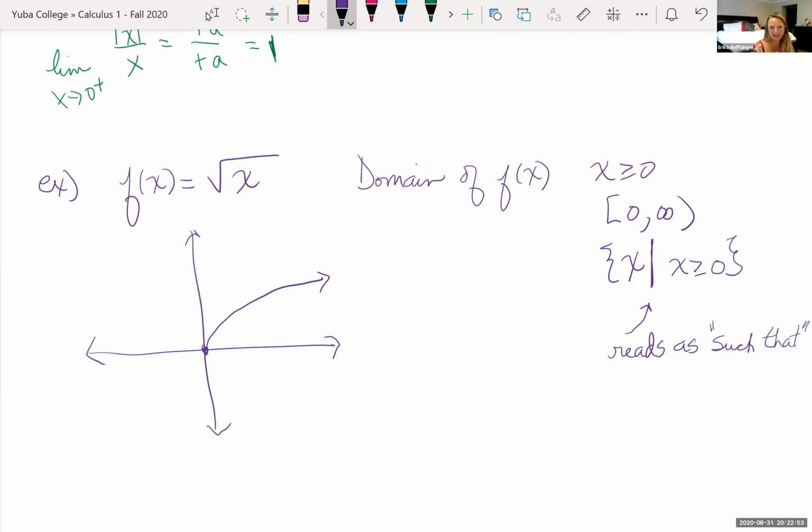So in this case, the left-hand side and the right-hand side technically don't exist because it's not part of the domain. So let's just look at the limit as x approaches 0 from the right, because that is part of the graph of f of x. In this case, we're getting back 0.